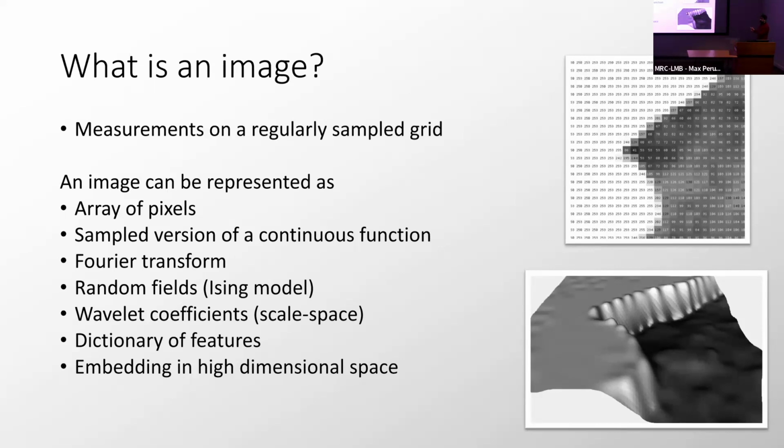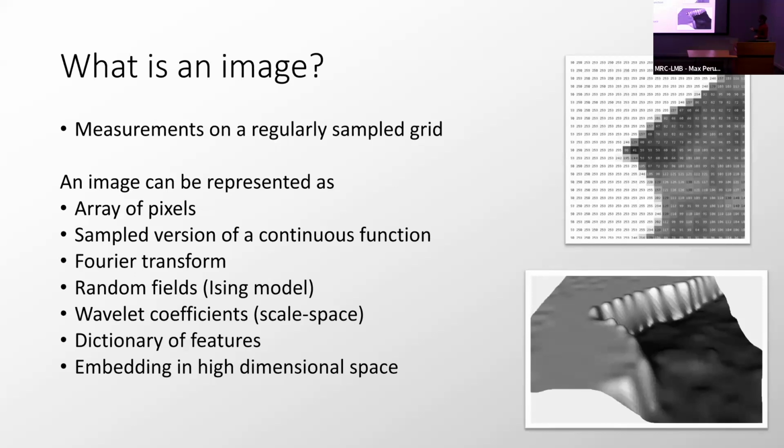And then you can think of this as a function on 2D space which has been sampled at different points. So then you can use different kinds of tools. You can also represent this as a sum of little sine and cosine functions at different frequencies, and look at it as a Fourier transform.